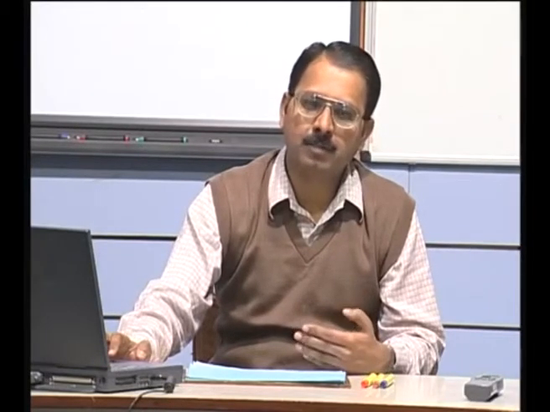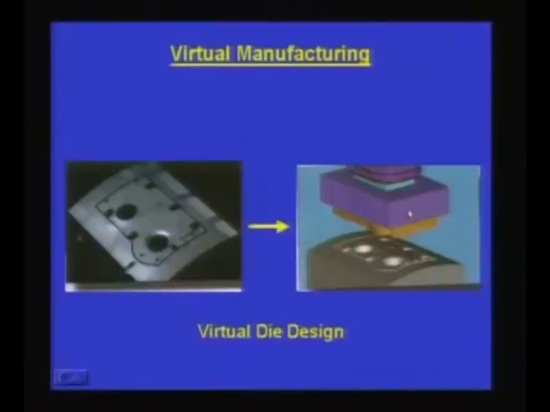You may arrive at an incorrect or undesirable part, not necessarily because of spring back; it may be because of deflection of a press, or maybe the alignment of the two dies is not proper. So, there can be many other problems which can be predicted in a typical virtual manufacturing scenario.